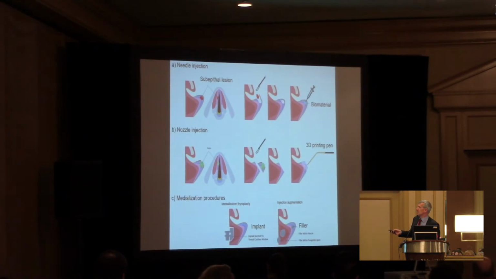And so one concept is basically to use a 3D printing pen. So many of you might be familiar with 3D printing, which is becoming more and more common for fabrication. And a 3D printing pen essentially is just something that extrudes different products through a nozzle, where you can do layer by layer reconstruction and let the product solidify and rebuild essentially the organ one step at a time.